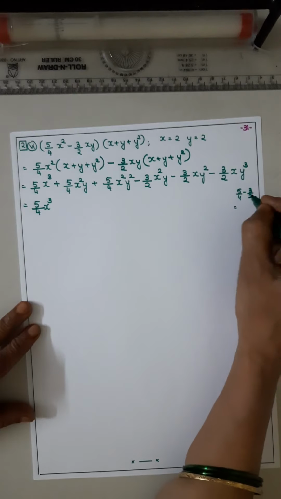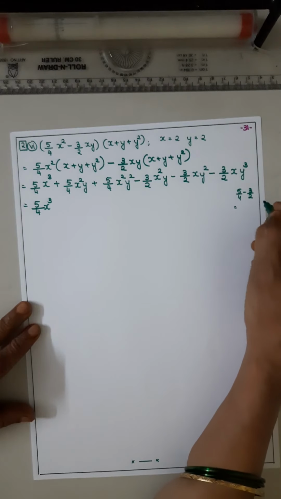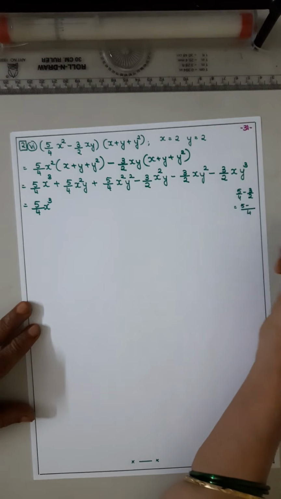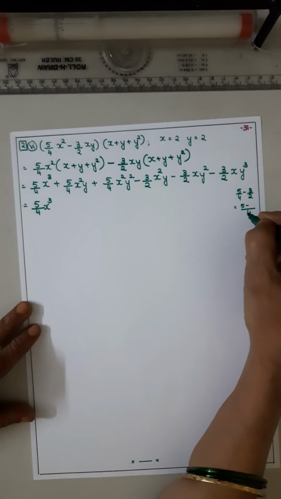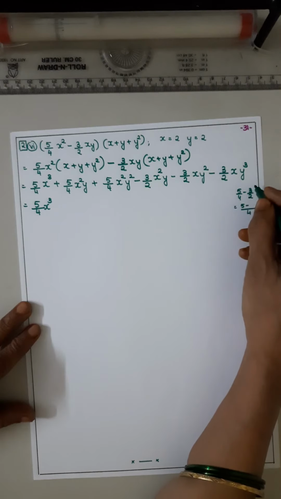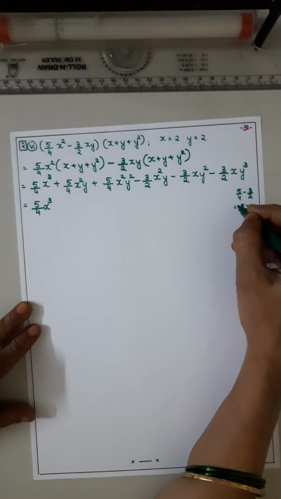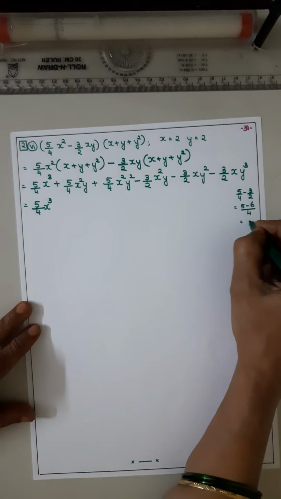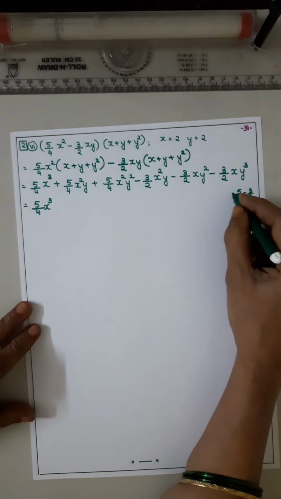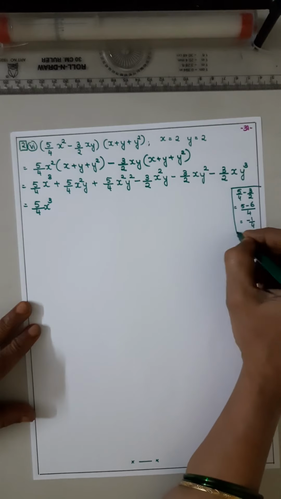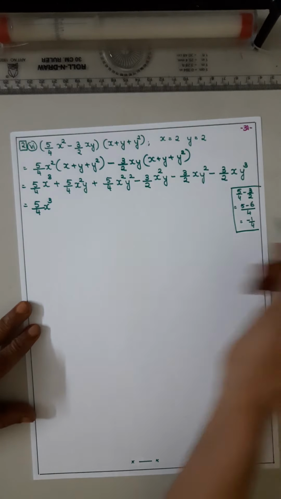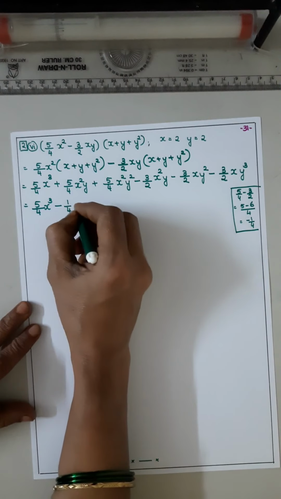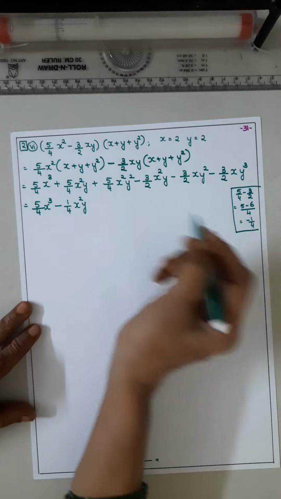So when you take the LCM, how much it will be? 4 is the LCM. Here it will be 5, and 2 2s are 4 and 2 2s are 4, so 2 3s are 6. So the answer will be how much? Minus 1 by 4.